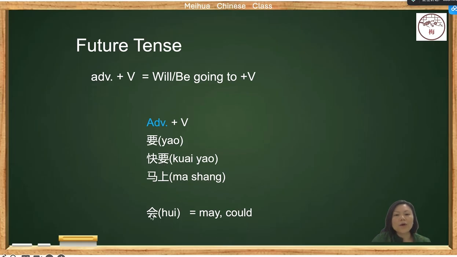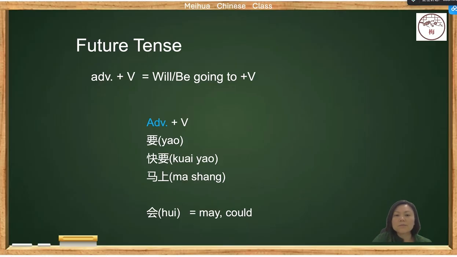And 会 is actually a little bit different. For these three characters, it's talking about something that is definitely going to happen. 会 here indicates less possibility.